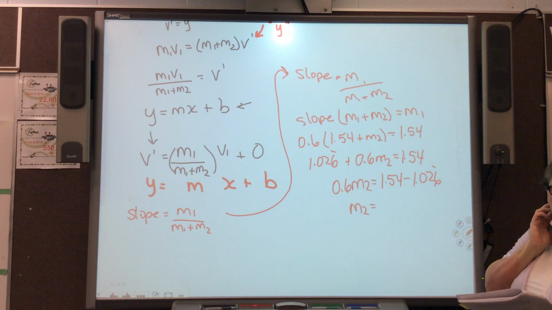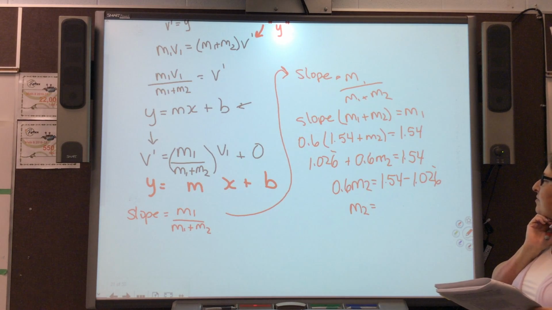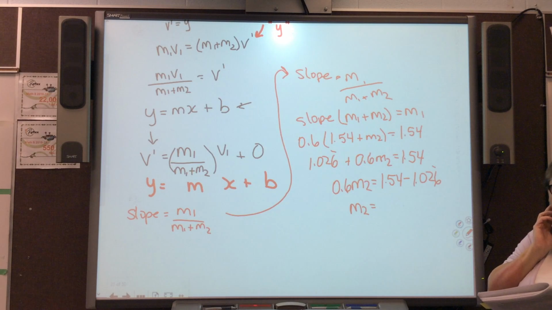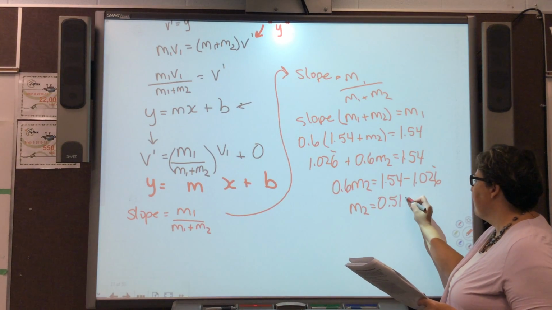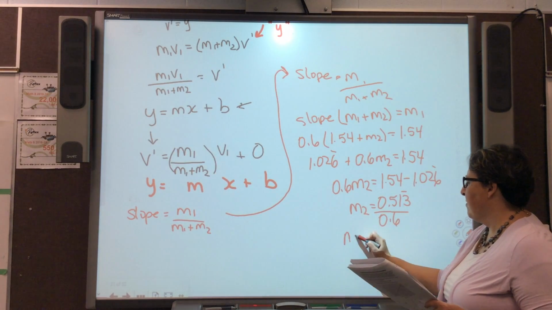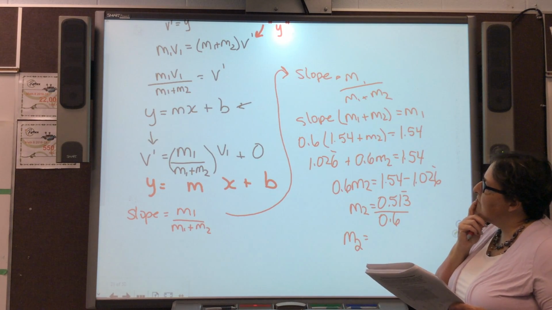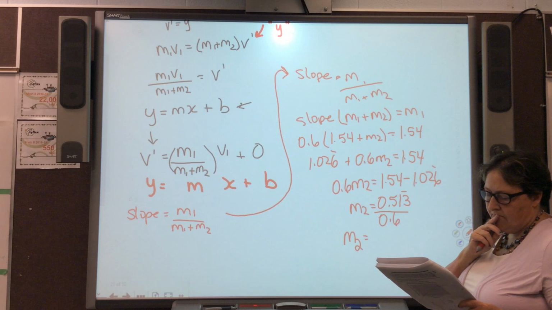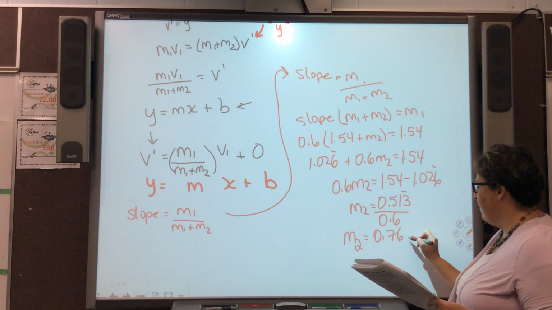Go again, Reese. 0.513 repeating. 0.769 repeating.